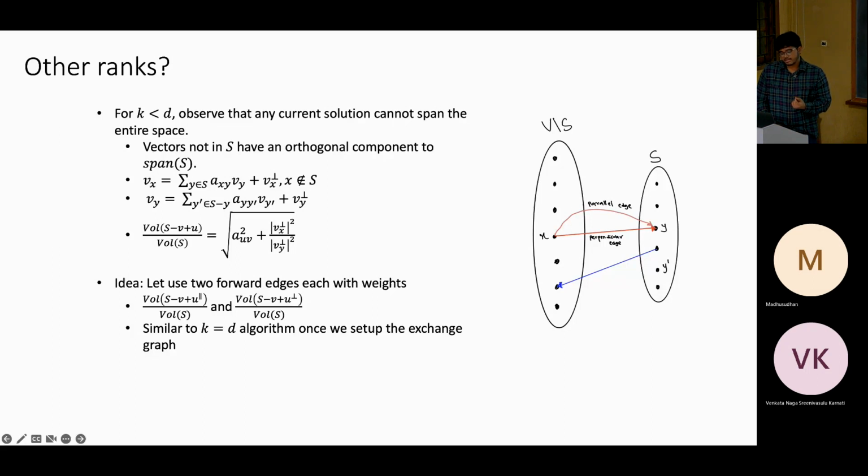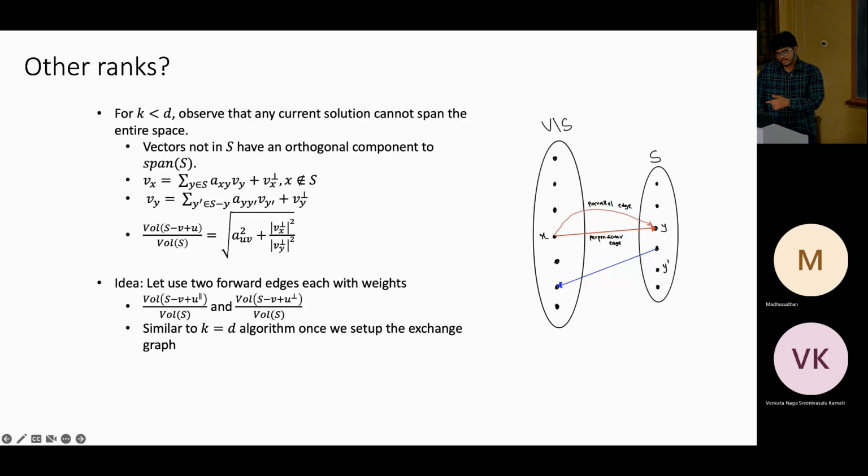So the ratio of volumes is not simply the mod as before. Then you have this other stuff coming in. The way we solve this issue is to break each vector into an orthogonal component and a parallel component. By that, I mean parallel to the span of S and orthogonal to the span of S.